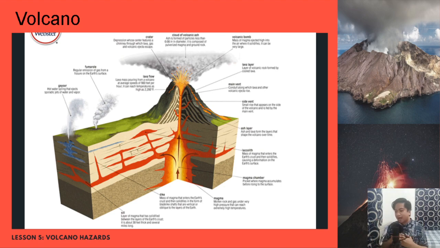And also we have the ash layer, or the ash and lava form the layers that shape the volcano over time. So the sides itself are made up of your ash layer. So kung sige nga bulto ang imo nga or ulupok ang imo nga bulkan, naga-form ang imo nga volcano over time. Okay?